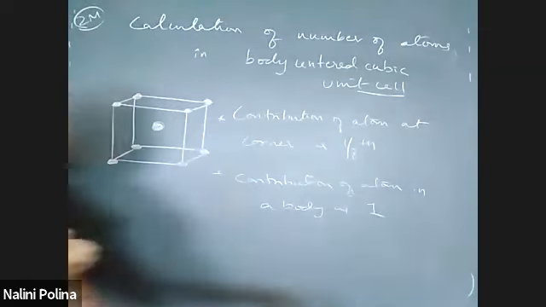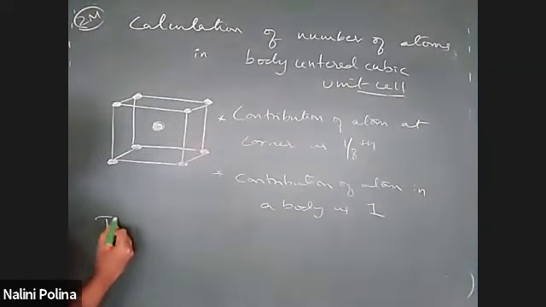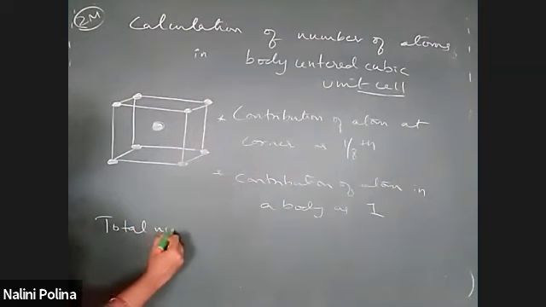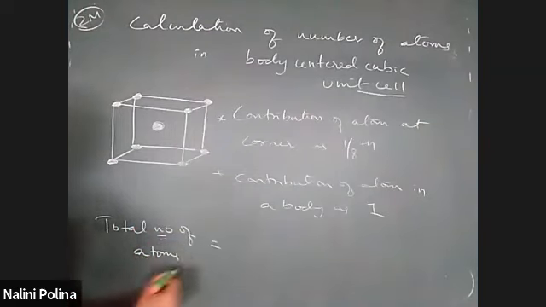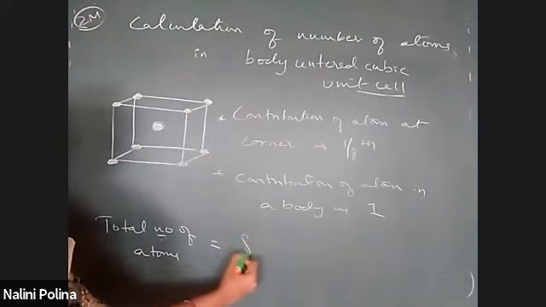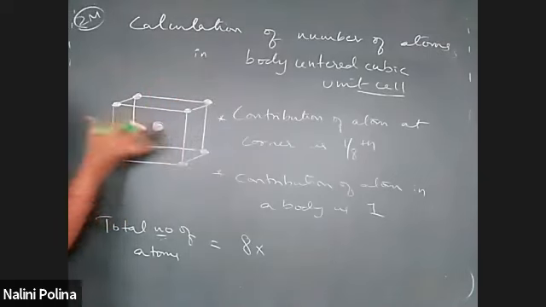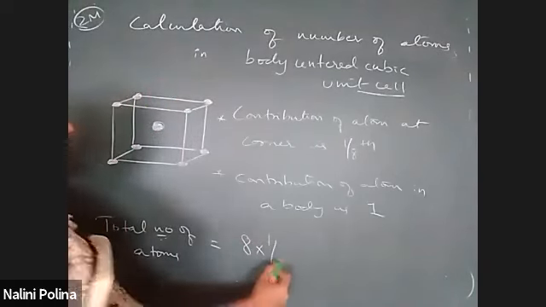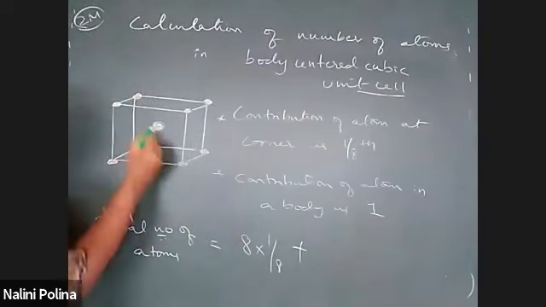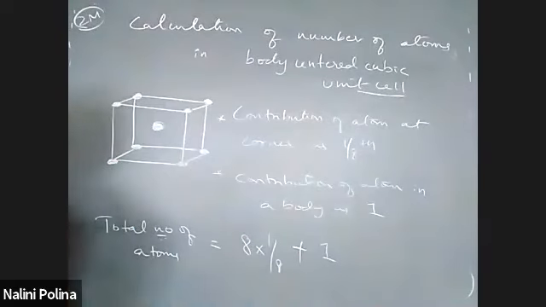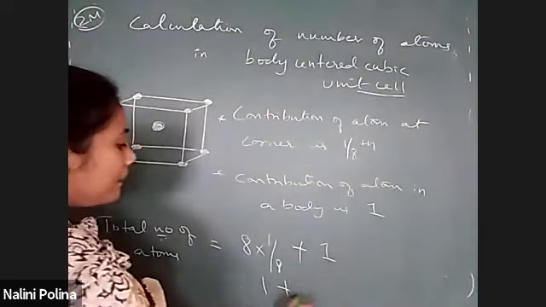That is 1. Okay, so total number of atoms is equal to how many corners are there? 8, and just 1/8 of it belongs to one unit cell, so 1/8 plus, and there is one atom in a body, right? So here 1 plus 1.